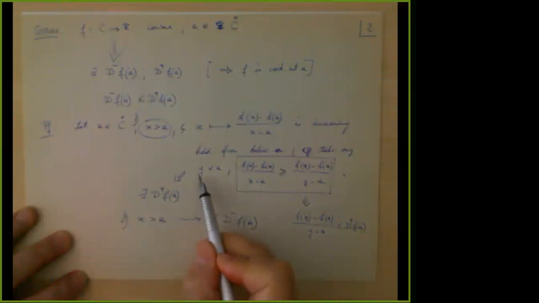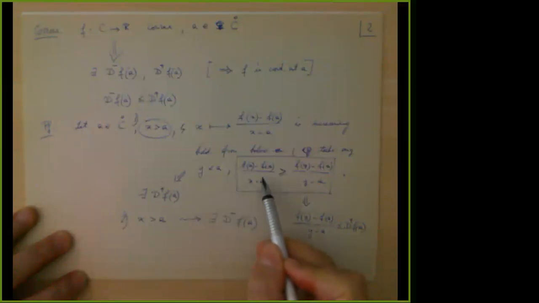So you fix y arbitrary, then this is true for all x larger than A. Then you take the limit as x goes to A from above, and therefore you end up with this expression. Okay.